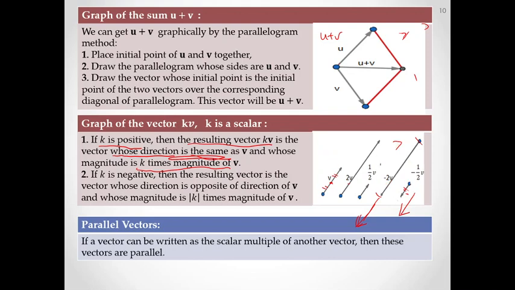So if you multiply with a minus, you are changing the direction of the vector. Now, if a vector can be written as a scalar multiple of another vector, then these vectors are parallel.